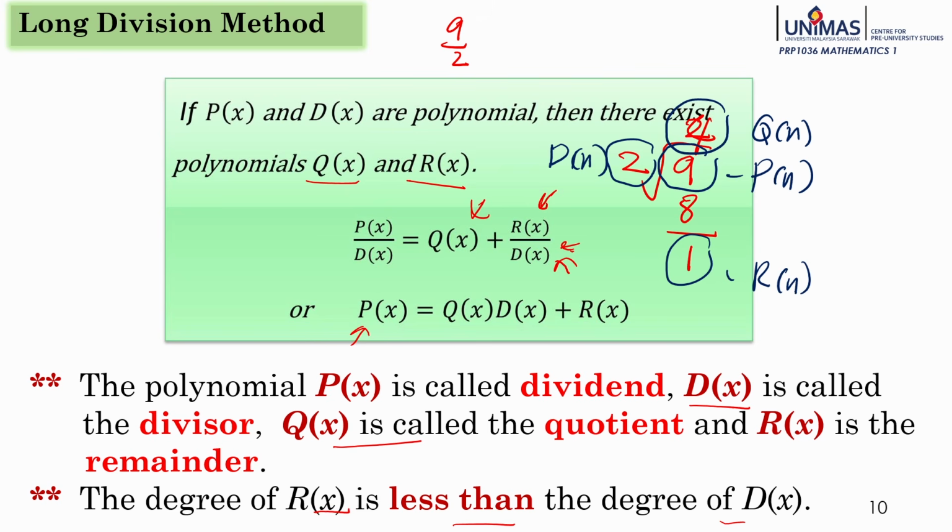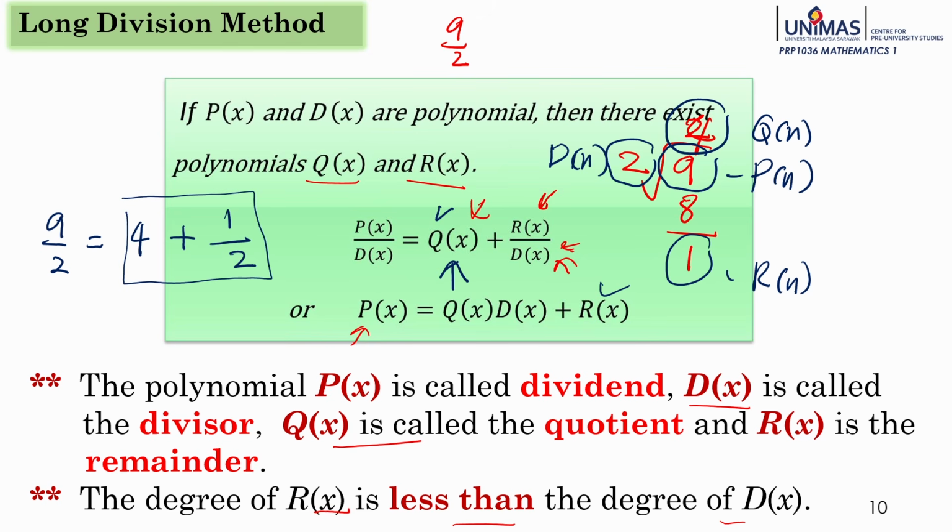So when we rewrite into this form, 9 divided by 2 equals q(x), which is 4, plus r, which is 1, over d, which is 2. When you simplify 4 plus 1 over 2, you get 9 over 2, right?